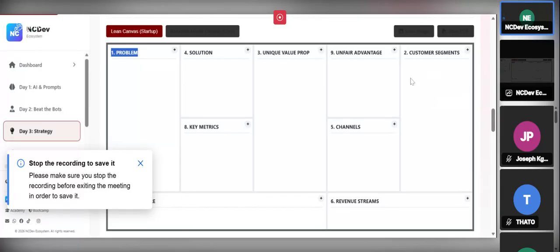So we've got families or households. Okay, let's do this. If there is a plus on the side, you are able to add sticky notes: families or households, right?